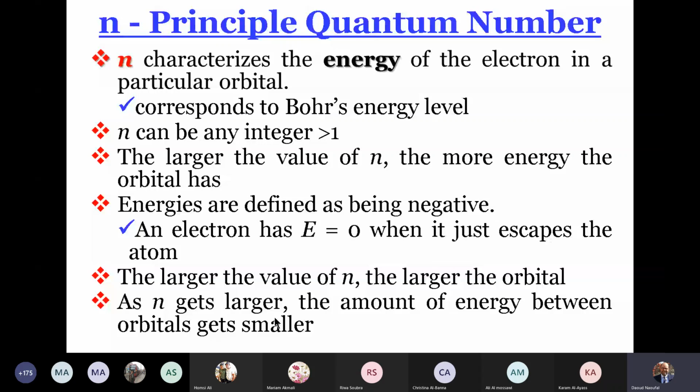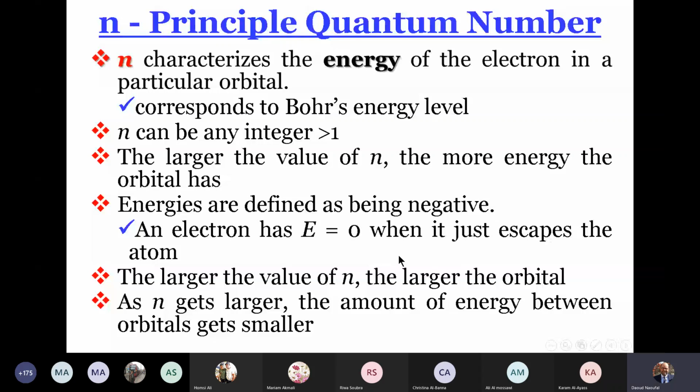I prefer to say N equal 1 is energy level 1 according to the nucleus, N equal 2 is the second energy level, N equal 3, and so on. And pay attention: these energy levels are not positions, they are areas created by me in order to describe the position of the electron, or to locate an electron.